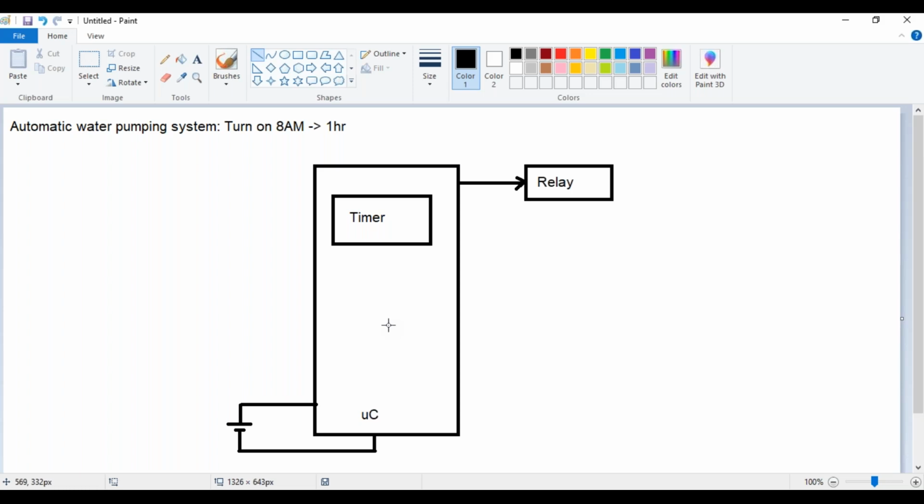Now, for how much duration does this system have to be active? For a duration of 1 hour. So whenever your system is turned on, the microcontroller should start counting the time.